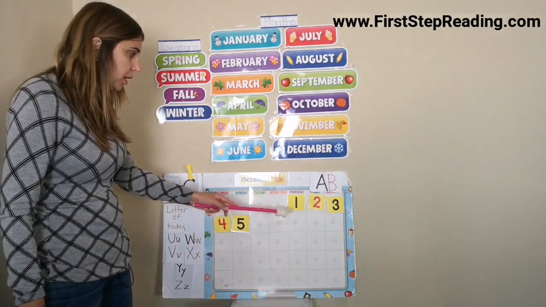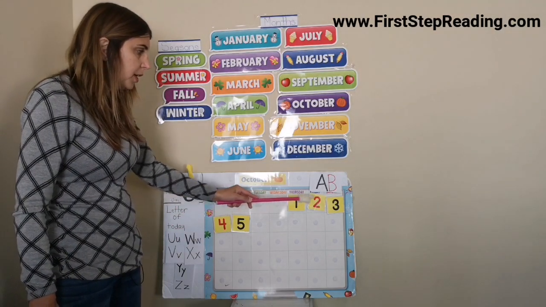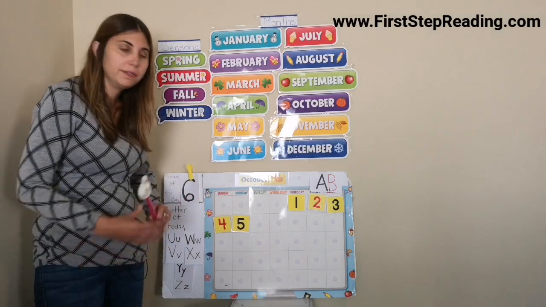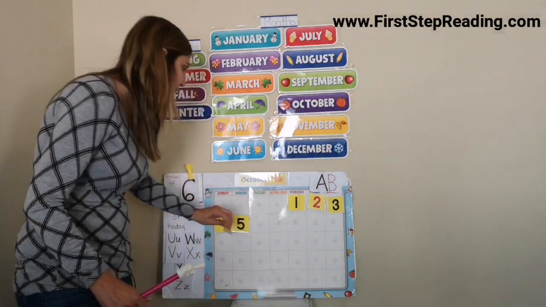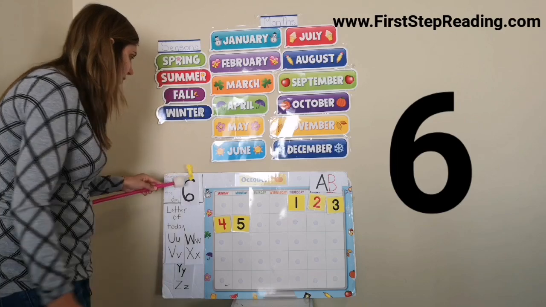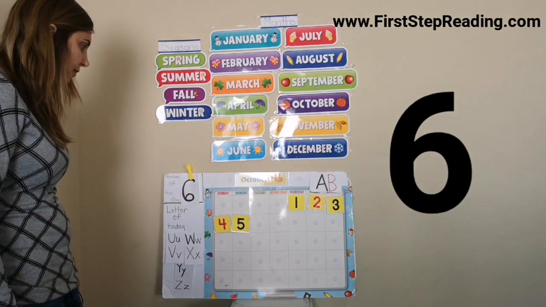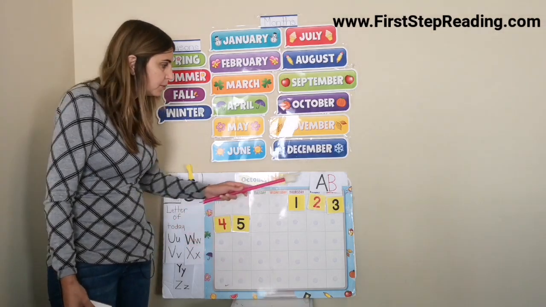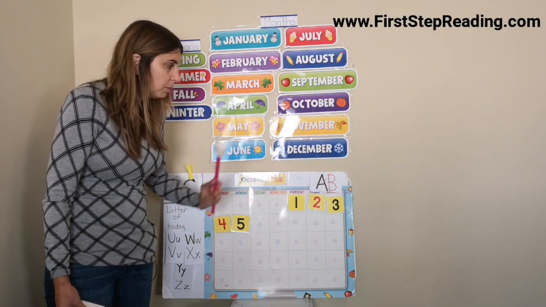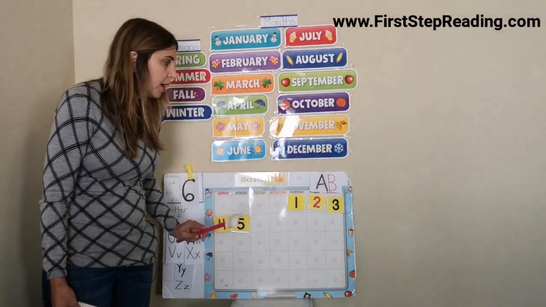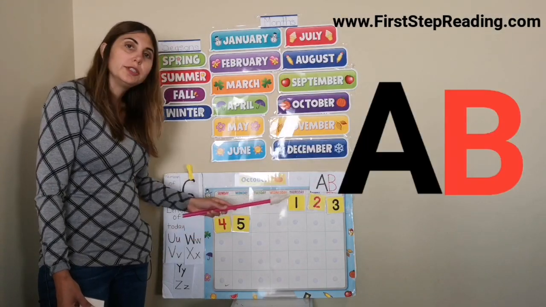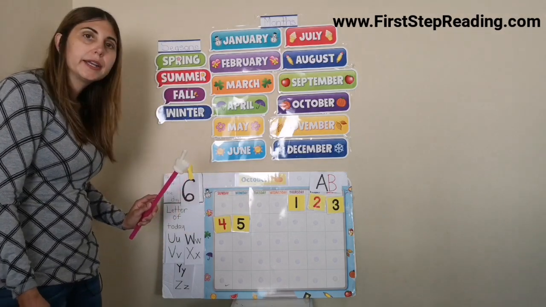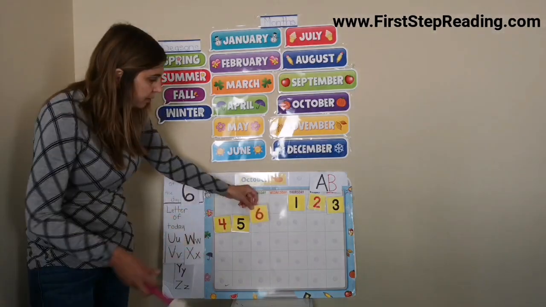Can you count with me? 1, 2, 3, 4, 5, 6. 6 comes after 5. Let's figure out what color our 6 should be because we have a black-red, A-B pattern on our calendar. Black, red, black, red, black, red. We need a red 6.